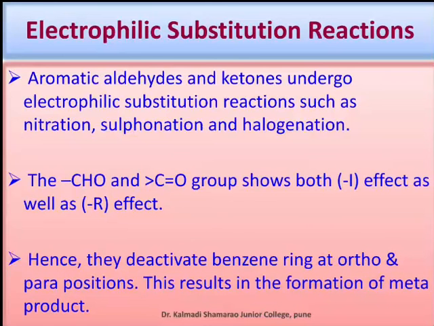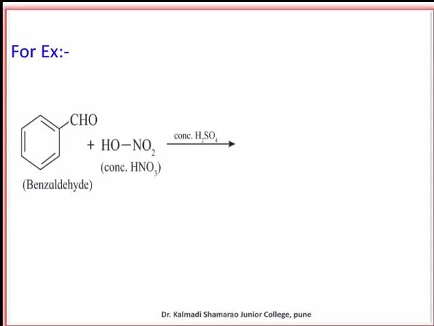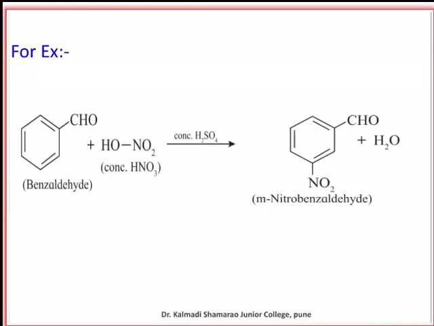Hence, they deactivate the benzene ring at ortho and para positions, which results in the formation of the meta product. For example, benzaldehyde plus concentrated HNO3 in the presence of concentrated H2SO4 gives meta-nitrobenzaldehyde plus H2O.